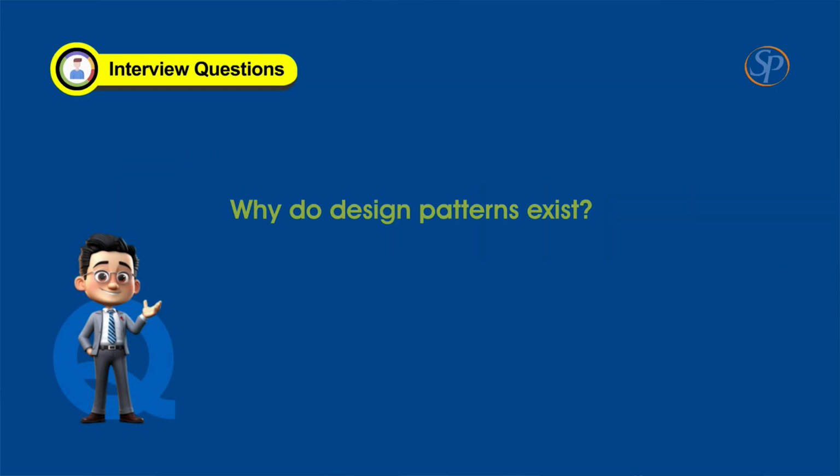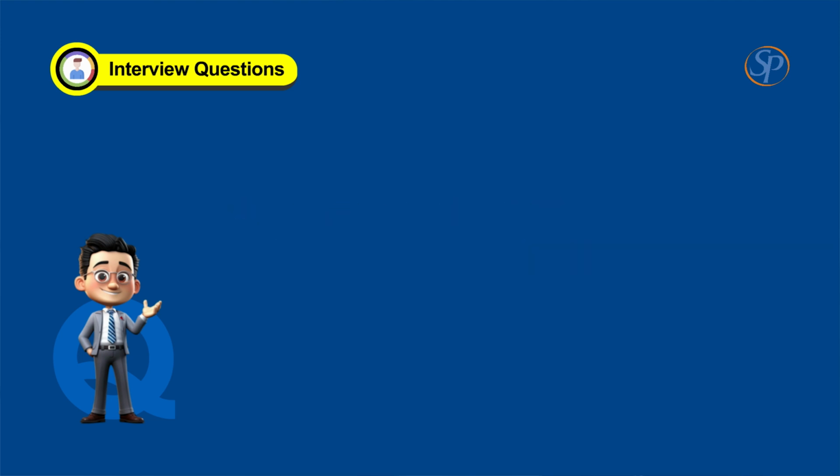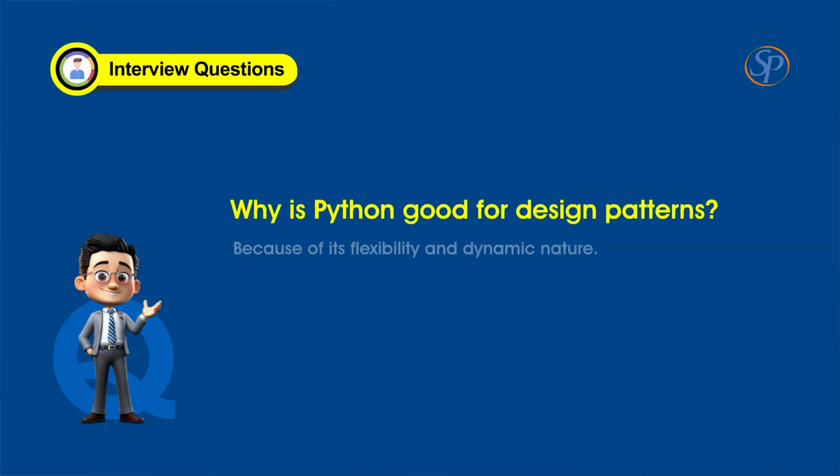Interview questions. Why do design patterns exist? To solve recurring design problems in scalable systems. Is using many patterns always good? No, it often leads to unnecessary complexity. Why is Python good for design patterns?